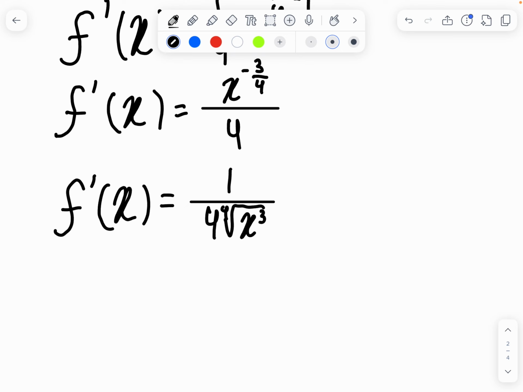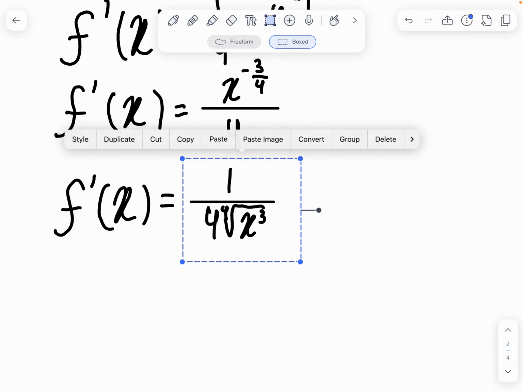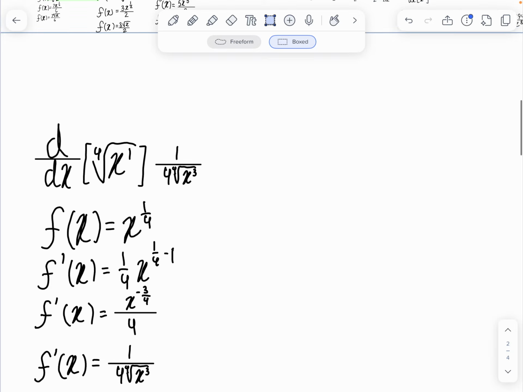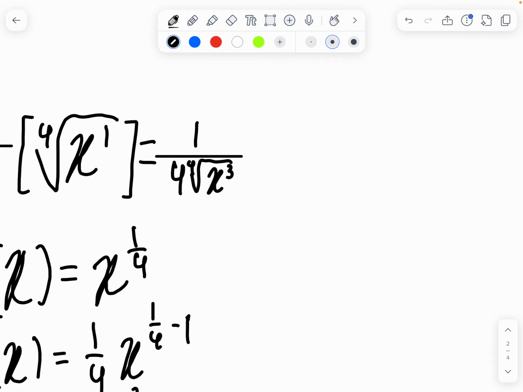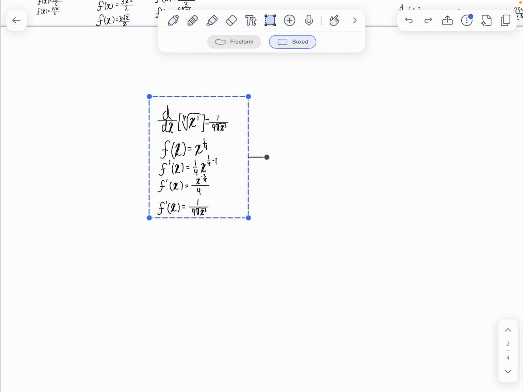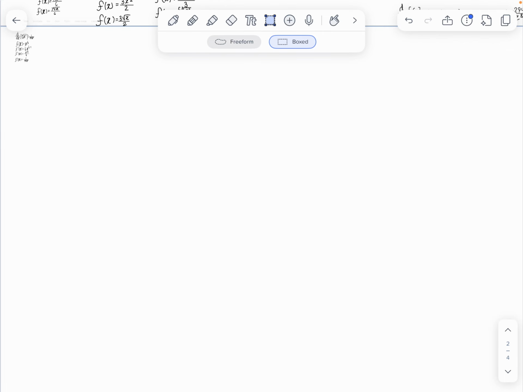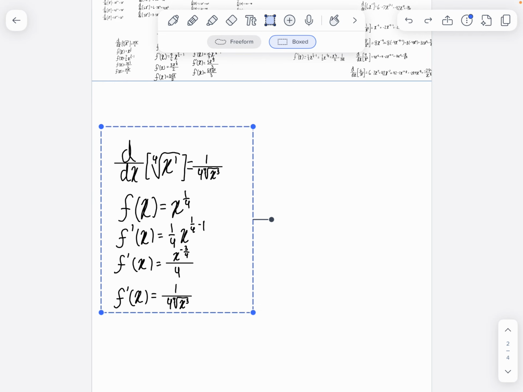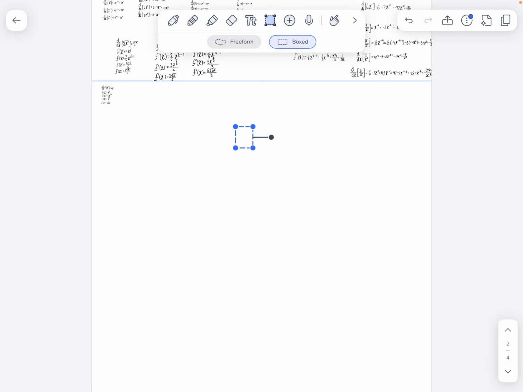And this is our answer. And that is how you do derivatives of roots.